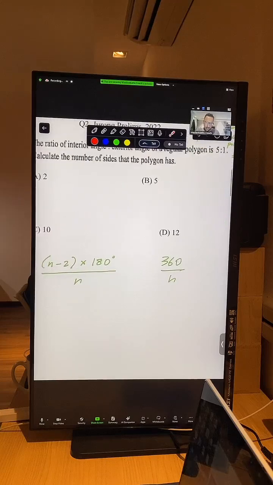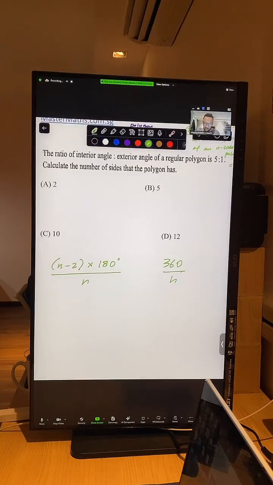So how do I equate the two? I need to take the exterior and times it by 5, because the exterior angle is very small. Okay, now I work it out. So I will have 180n minus 360 over n.